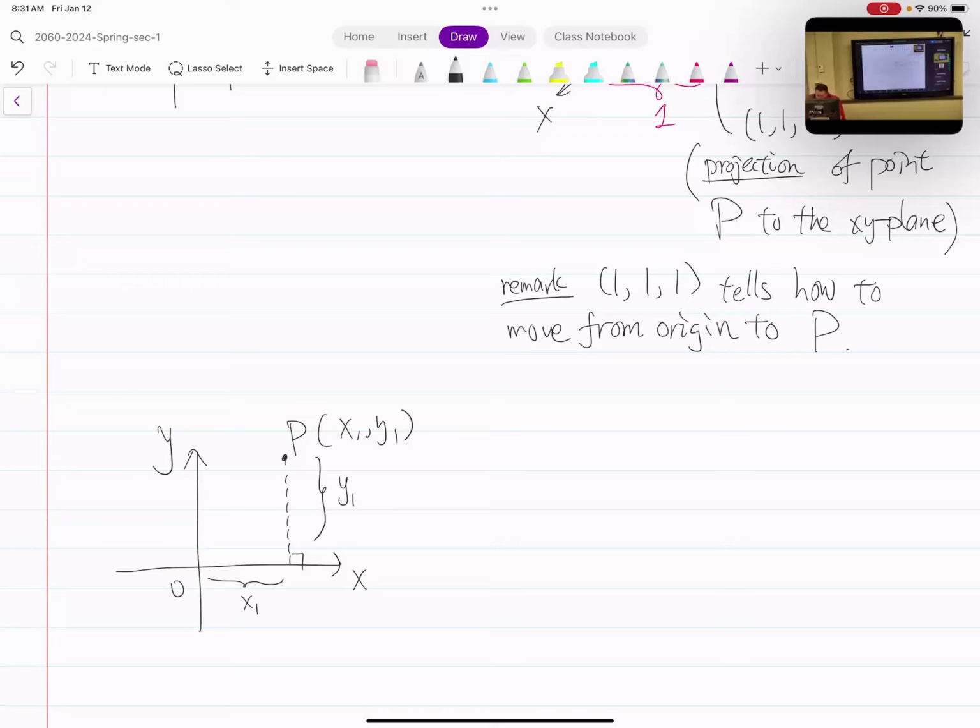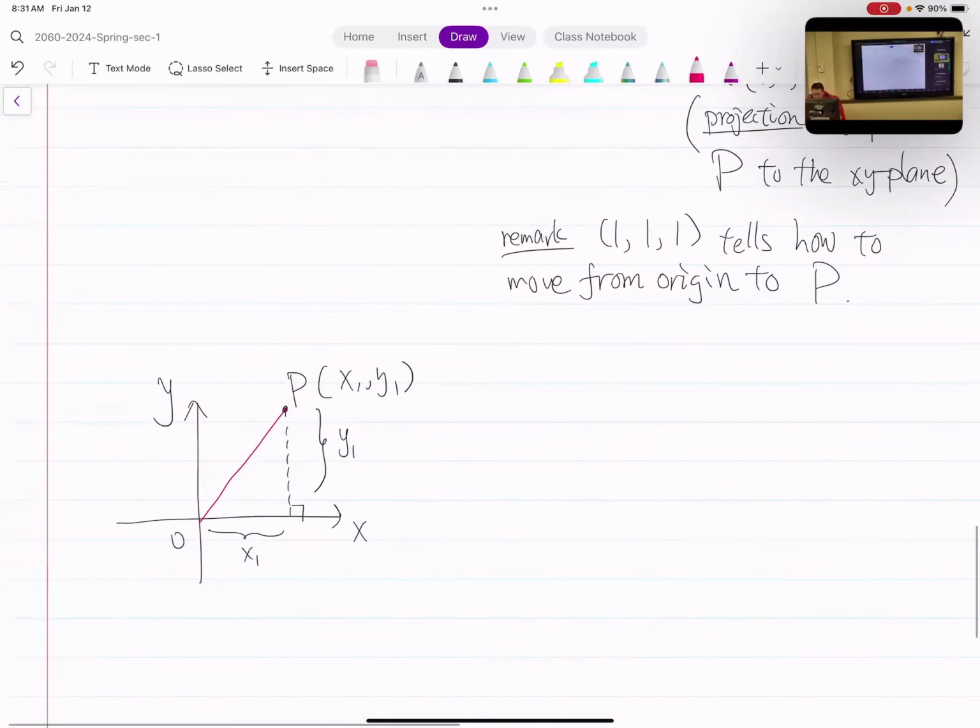Okay? And if we care about the distance from the origin to the point P, you see, this is actually a right triangle. So the distance from the origin to the point P, OP, is following the Pythagorean theorem, right?